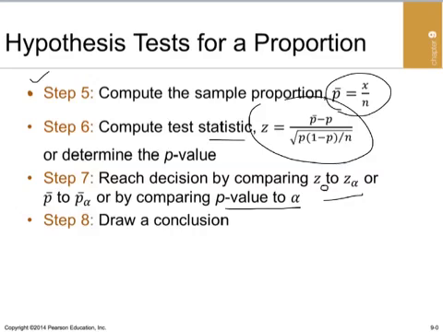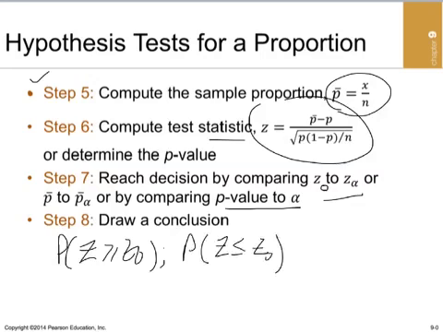If we obtain our Z observed, so if it is a one-tailed test, it could either be P(Z greater than or equal to Z observed) if it is a right tail, or P(Z less than or equal to Z0) if it is a left-tailed test, or it could be twice P(Z greater than Z0) if the value occurs on the right, or if it occurs on the left, it would be twice the probability of Z less than or equal to Z0.